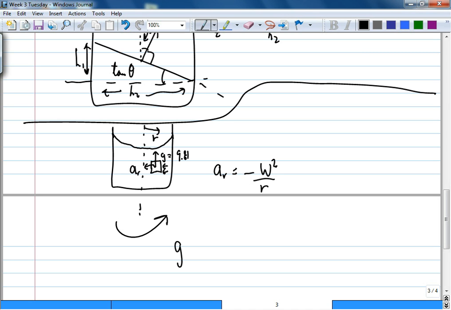The acceleration is R omega squared. Acceleration is V squared on R, and V squared is omega squared R squared on R, so it cancels to R omega squared.